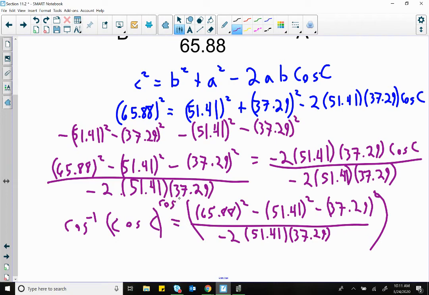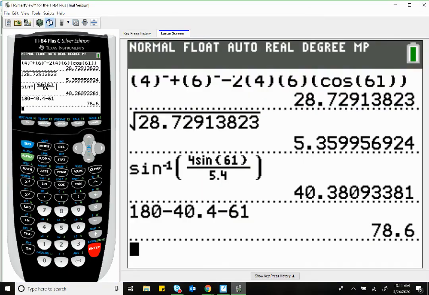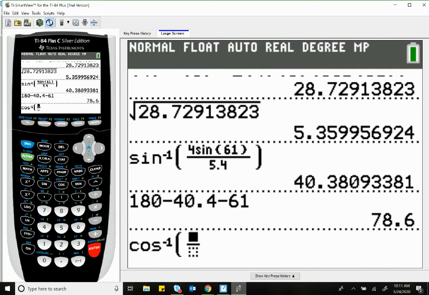So all of this is going to go in my calculator, and that will tell us what the largest angle will be. I'm going to be flipping back and forth between this and my calculator because I can't keep all that in my head. So second cosine, then enter. All right.